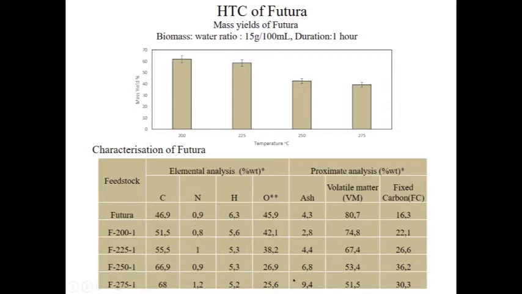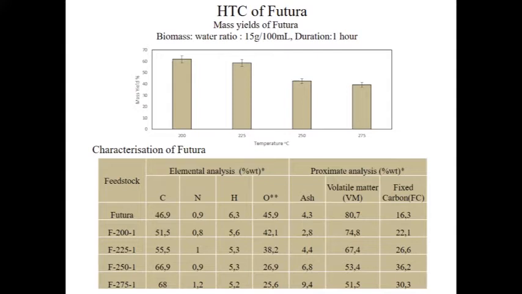And now we have a problem here: ash contents are increasing. Interestingly, the ash content of the hydrochar derived from Futura increases with increasing temperature and is higher than that from Narlısaray 19.